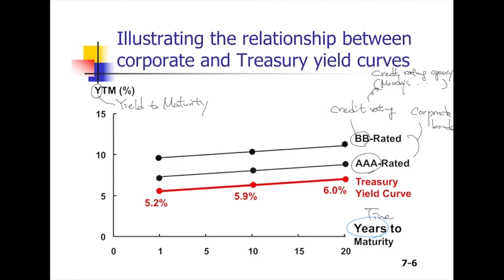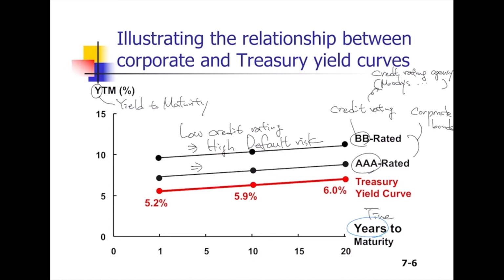As you can see, BB rated corporate bonds have a higher yield to maturity curve, right? BB means low credit rating. What does it mean? High default risk.